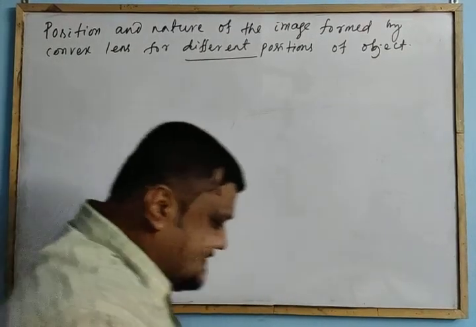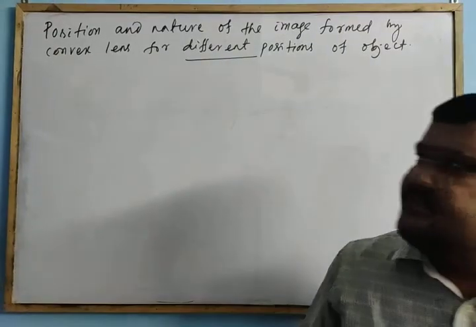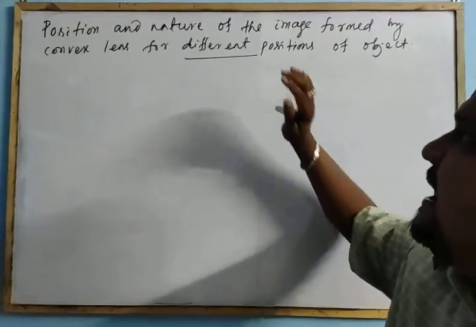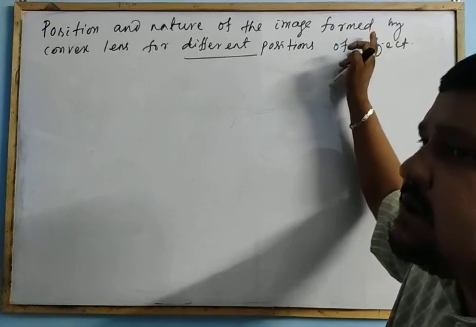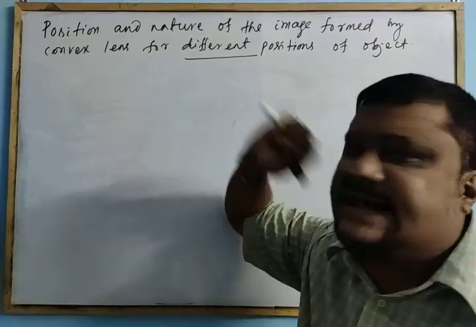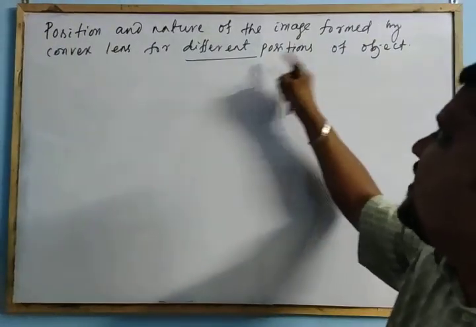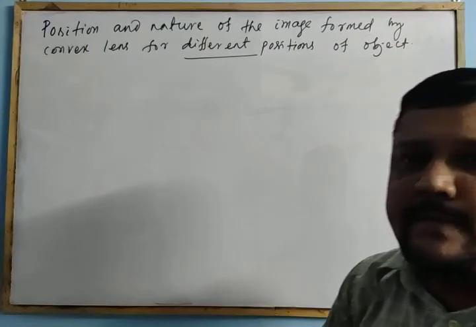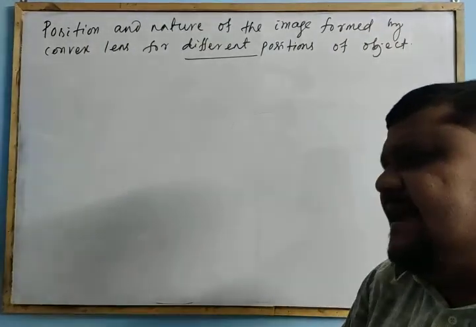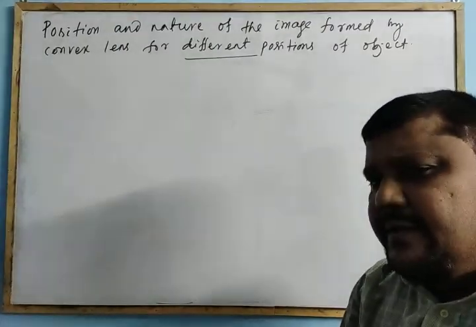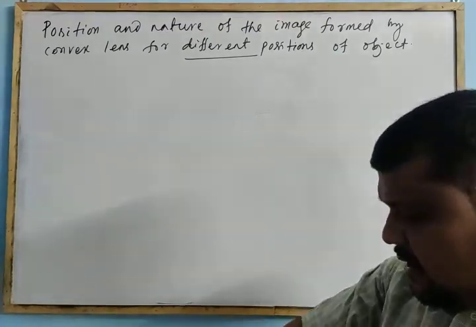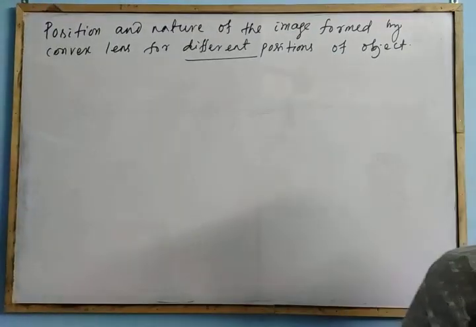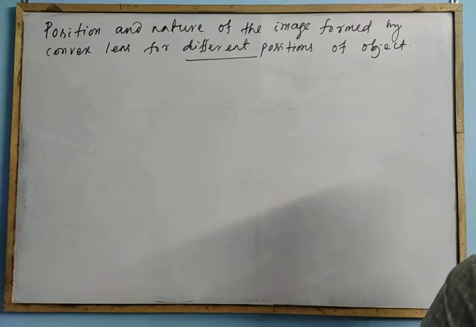Now next we will discuss the position and nature of the image formed by a convex lens for different positions of the object. I will place the object from infinity to the optical center of the lens.